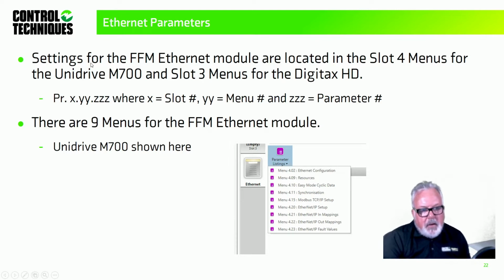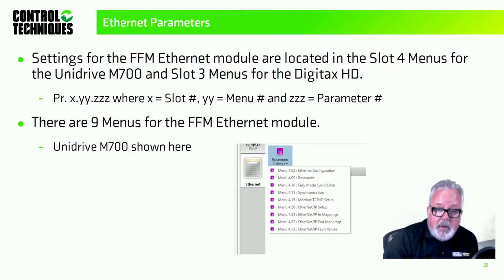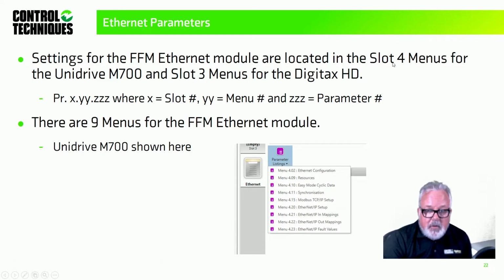So, how do you do this? The settings for the factory fit Ethernet module are located in what's called the slot 4 menus for the Unidrive M700. If you're familiar with the Unidrive M700, it has 3 expansion slots, so the Ethernet module is referred to as slot 4.